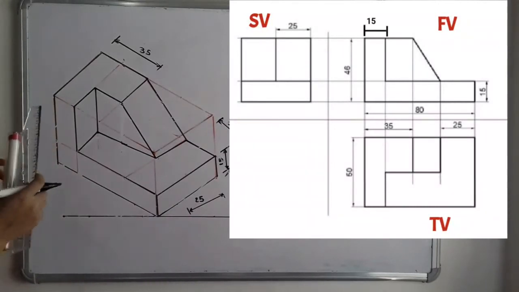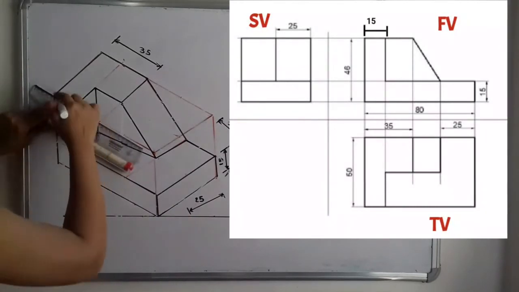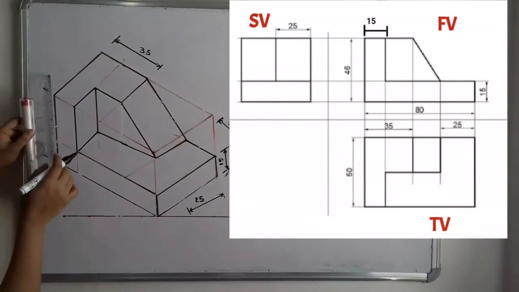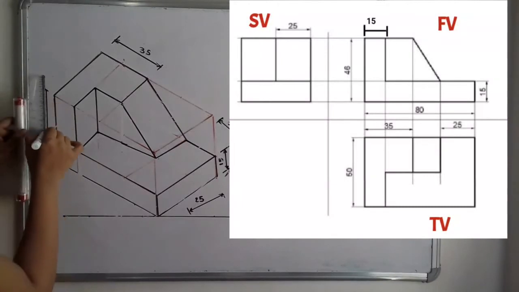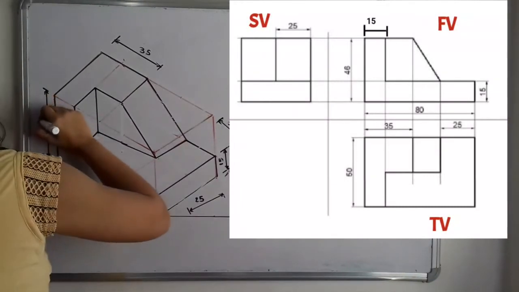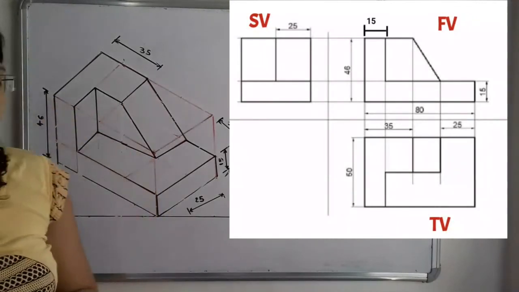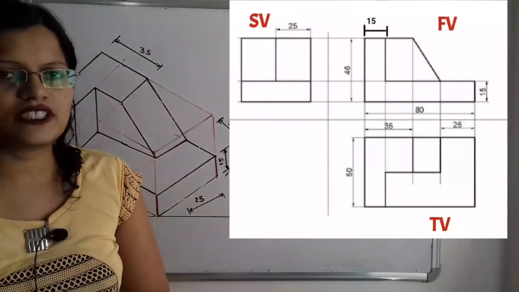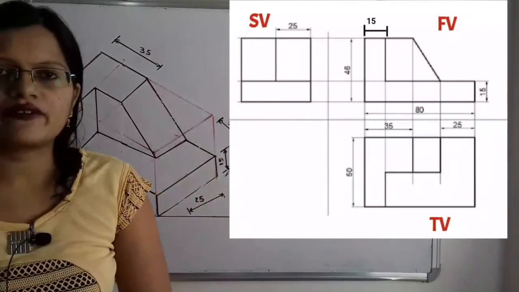So total height is 46. So how to give it? So again we have to give here. Now we will show here the dimension is 46. So in this way these dimensions are given and this is the isometric projection for this given orthographic projection.